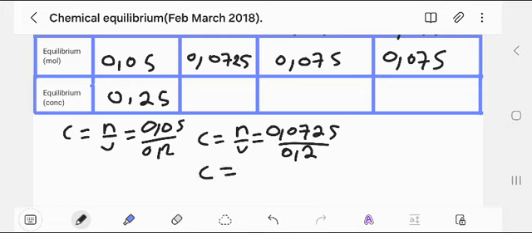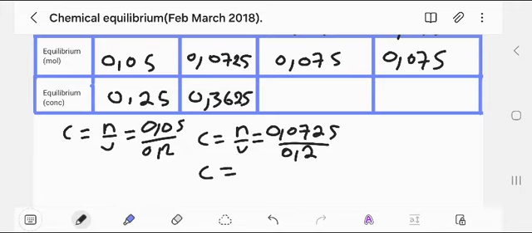For concentration here, what we'll get is 0.3625.